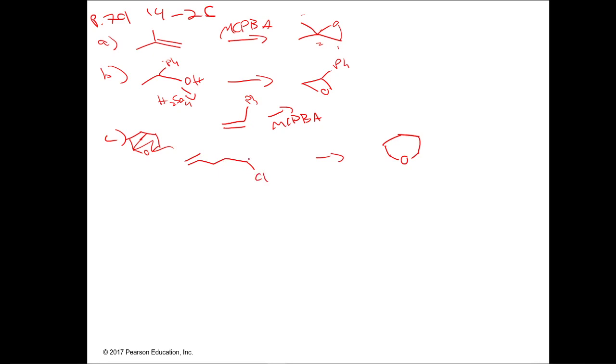So hopefully you can see we're going to get a ring attachment. First thing we want to do is form an epoxide. Okay, so MCPBA. And basically we want this ring to open in such a way that it attacks this chlorine and kicks it out to give us that structure. So what can we add that will open that epoxide ring in that way?